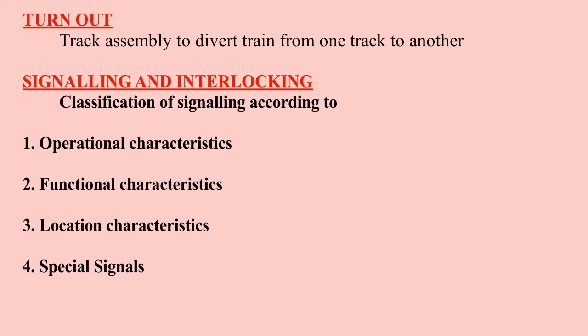And according to special signals, they are classified as routing signal, calling on signal, point signal, repeater or coacting signals, modified lower quadrant semaphore signals and miscellaneous signals. These are all about railway engineering.